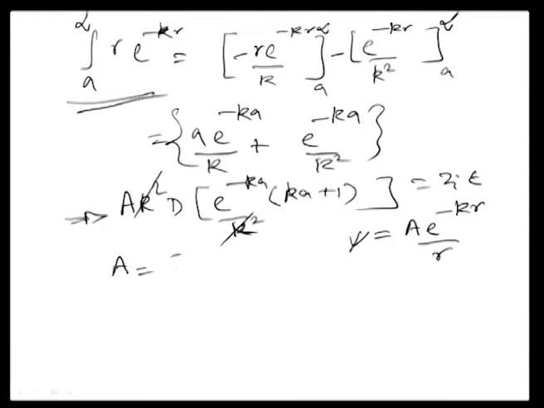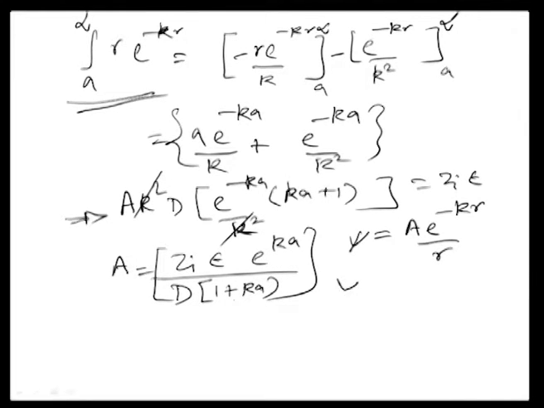So we are left with zie epsilon divided by d times (1 plus ka) e to the power of ka as A, and the potential function xi can be represented as zie epsilon by d times (1 plus ka) times r times e to the power of minus k (r minus a), or let us say plus ka minus r.